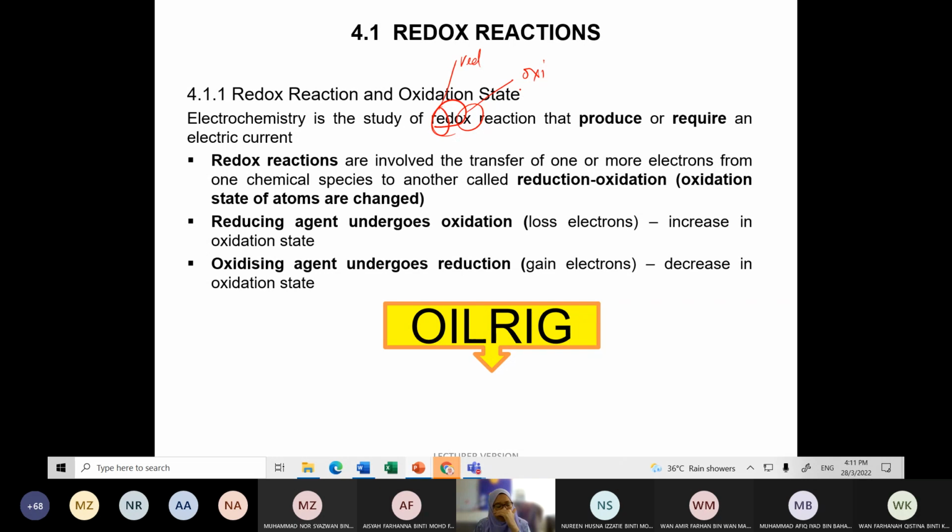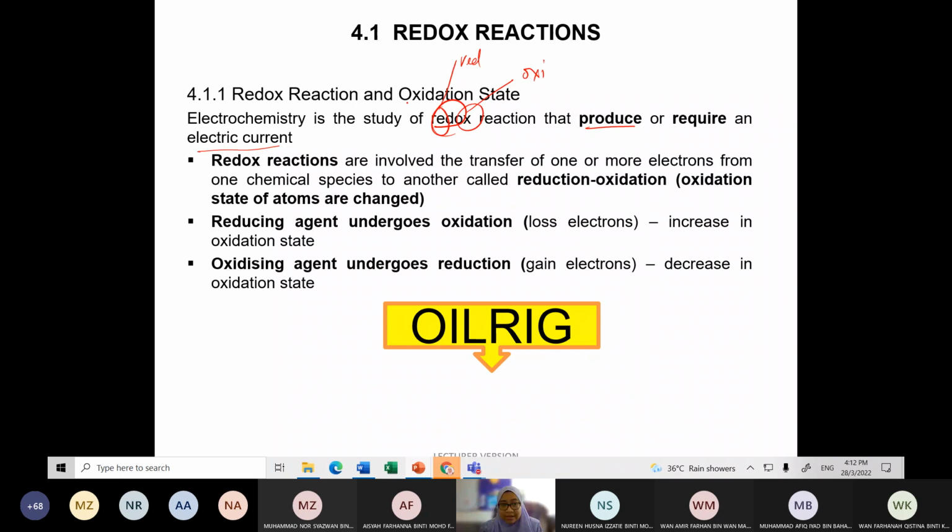We know these two relate to the transfer of electrons. So it can either produce electric current or it requires electric current for the redox reaction to take place.